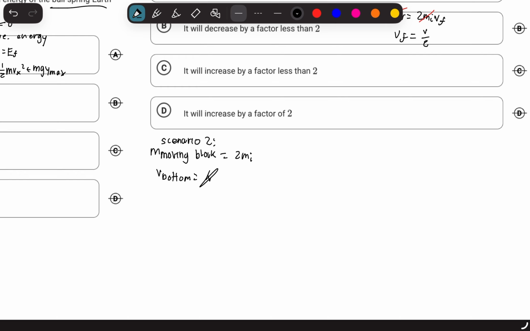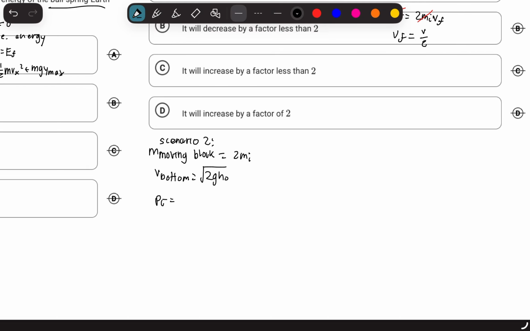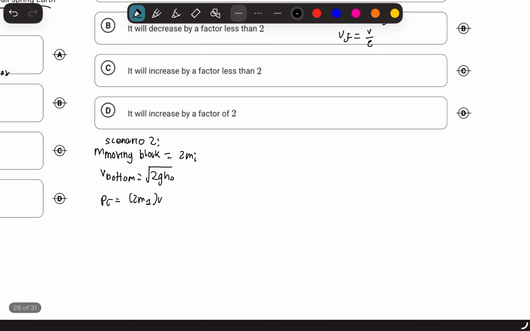V bottom is still the root of 2gh initial, and then your initial momentum is going to be 2M1V. Then your final mass, post stick, is equal to 2M1 plus M1, which is 3M1. So PF is equal to 3M1 VF. Now set them equal to each other, your P initial and your PF.